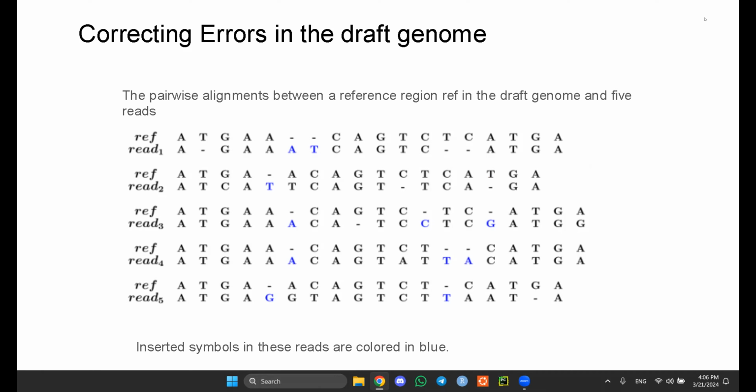Importantly, many segments in the Bridgen alignments are not aligned, so the accuracy of our error correction approach may deteriorate. So we need a good partition of the draft genome that satisfies two criteria.